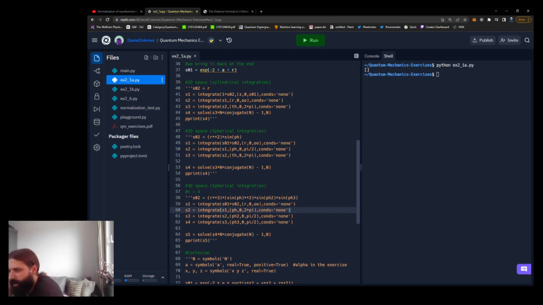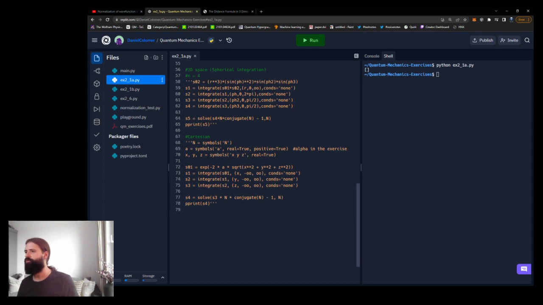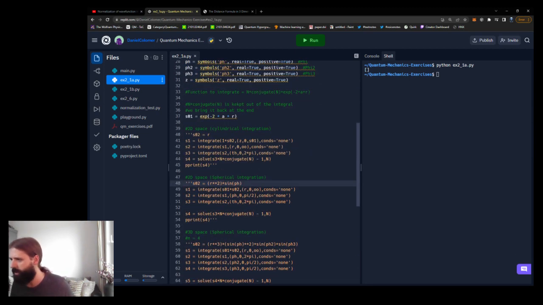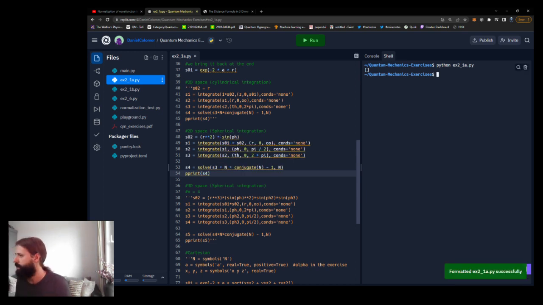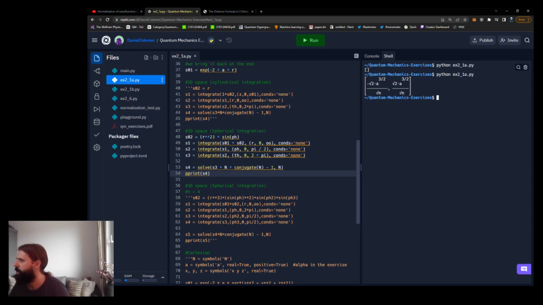I'm basically stuck at the same step. I'm very stuck at the same step. What have we tried? We've tried 2D space, and that almost gives me what I want.